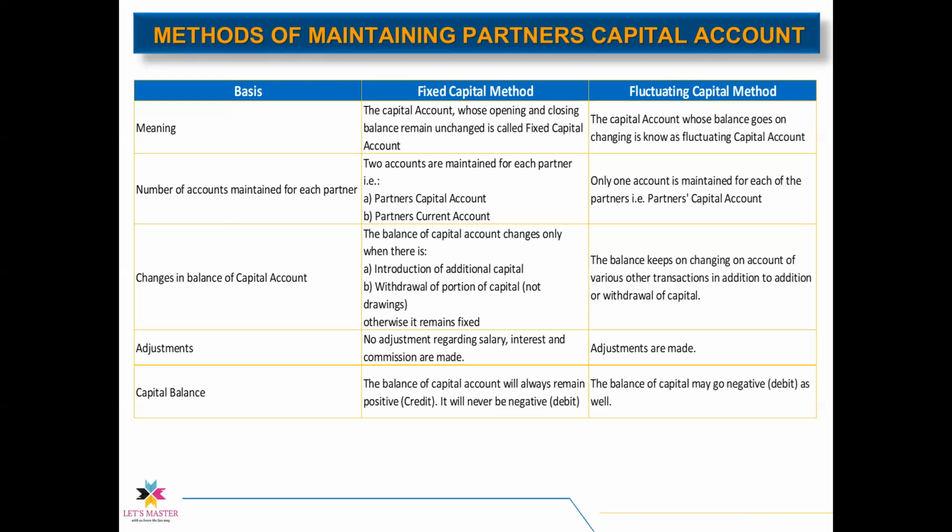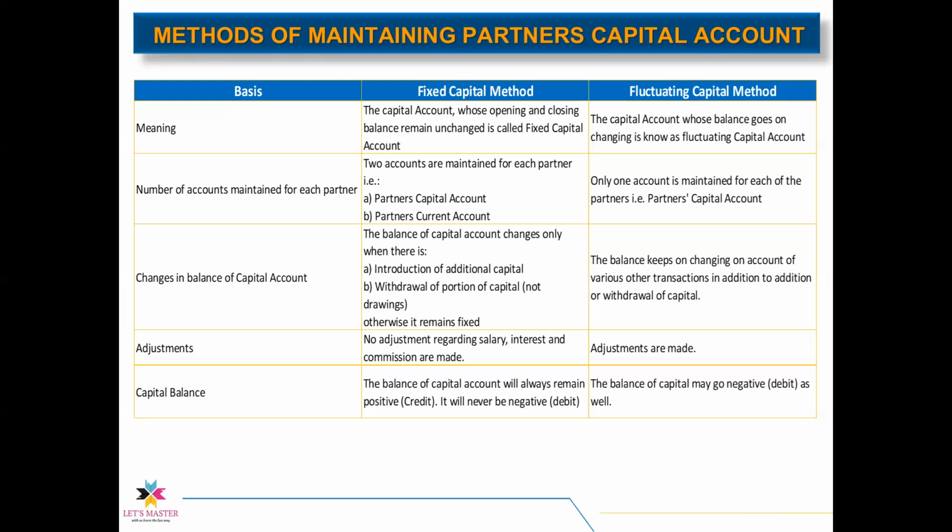Adjustments. No adjustment regarding salary, interest, and commission are made to the partner's capital account. Whereas the adjustments regarding salary, interest, or commission are made in the partner's capital account. Capital balance. The balance of capital account will always remain positive or credit.